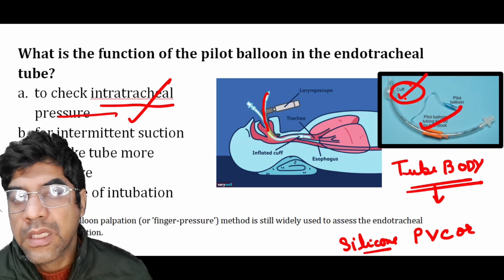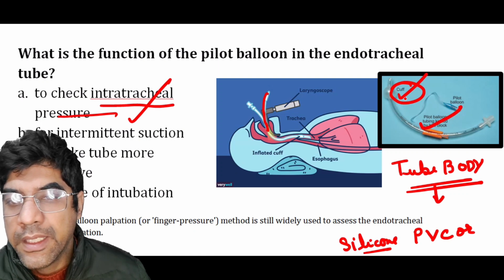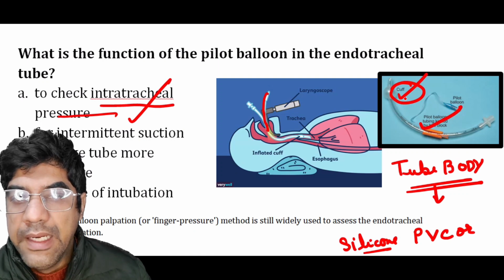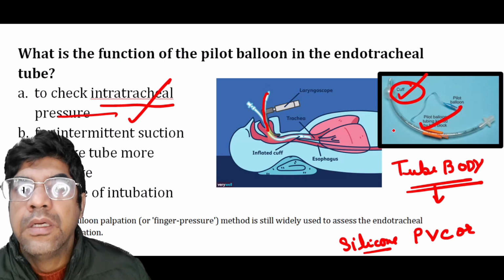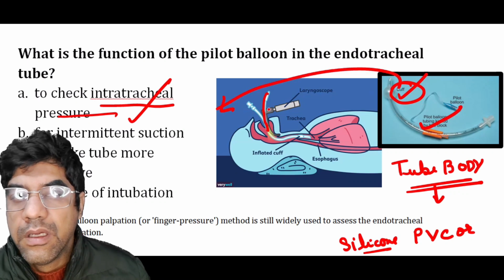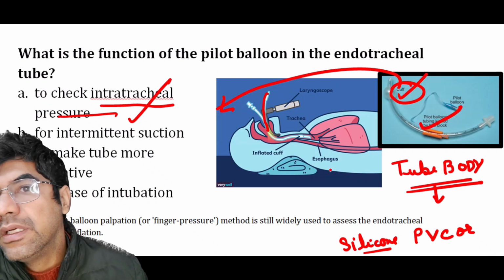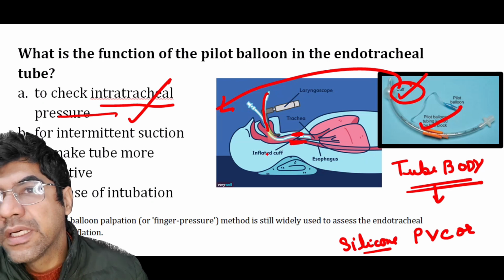The cuff plays a role in preventing air leakage around the tube and in facilitating positive pressure ventilation. When inflated, it forms a seal against the tracheal wall.